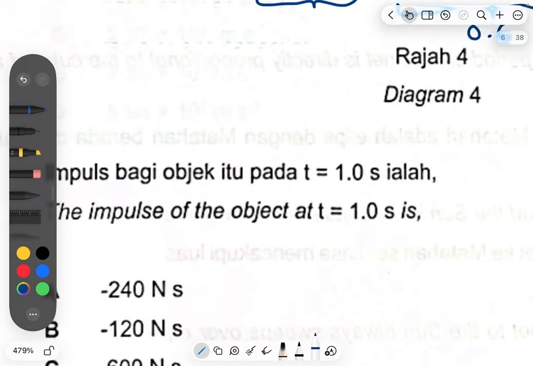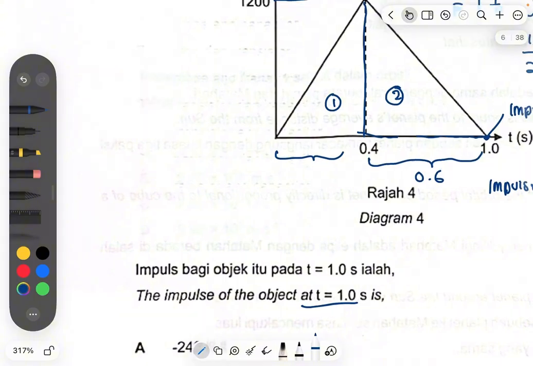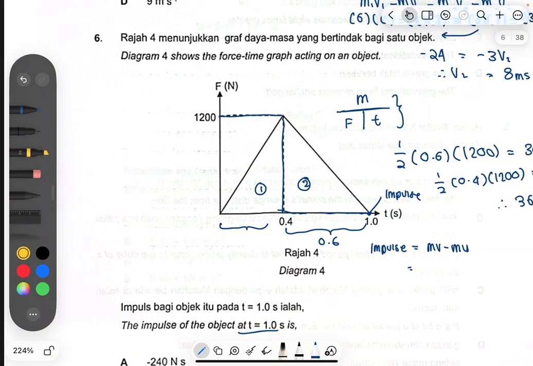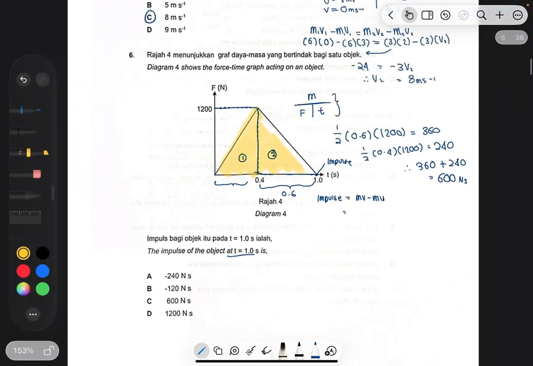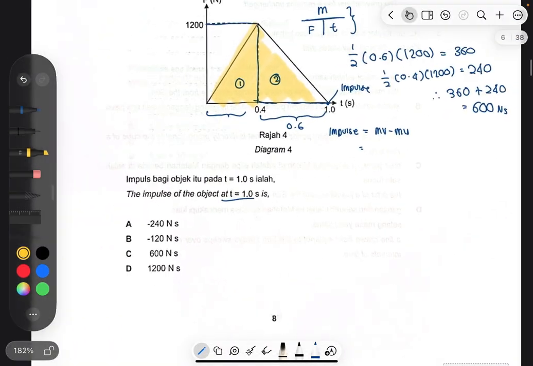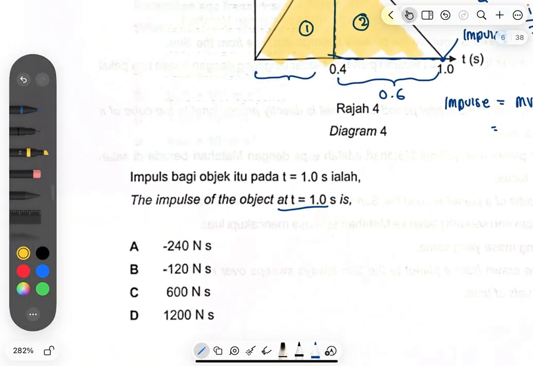Oh, so it wants the impulse of the object at t equals 1.0, so they want the whole thing. Okay, sure then. So the answer is C.